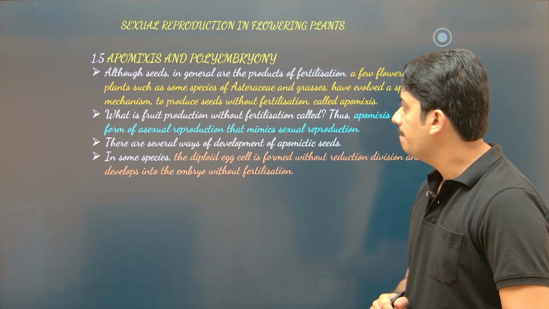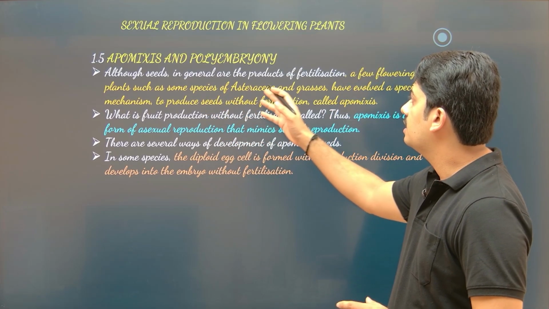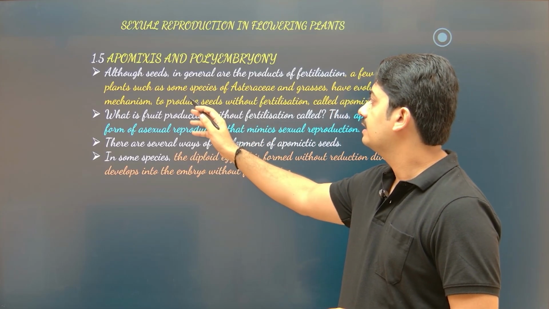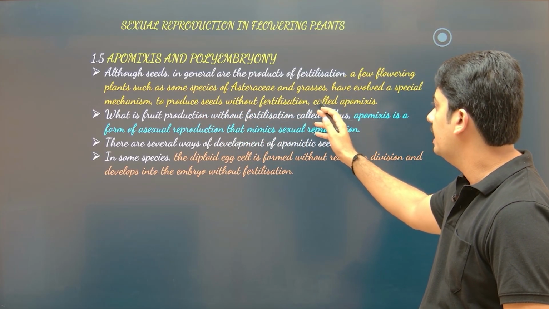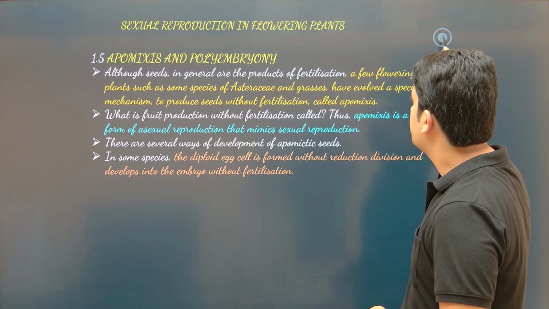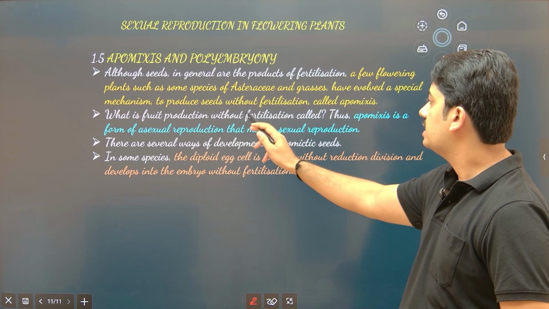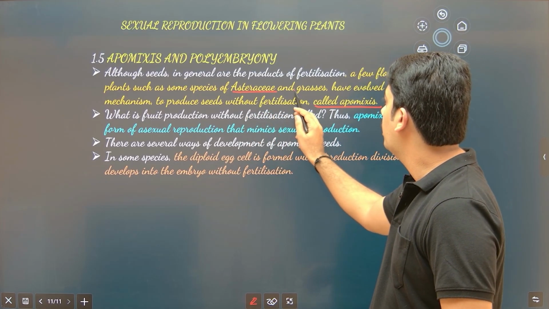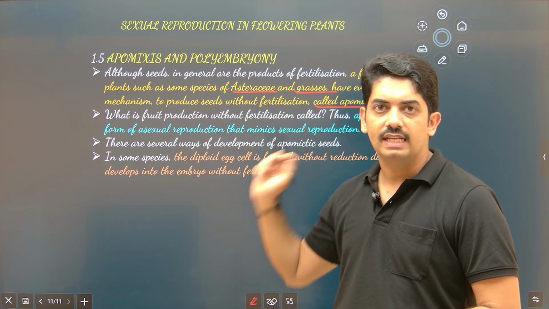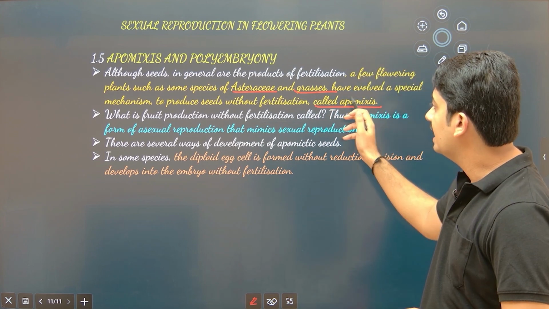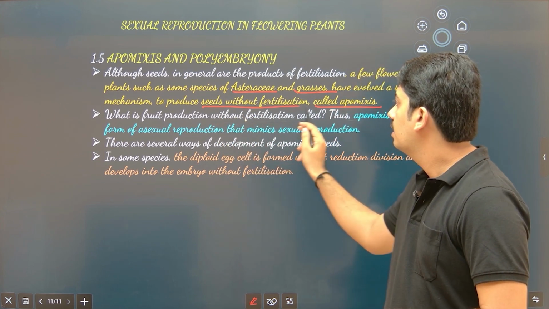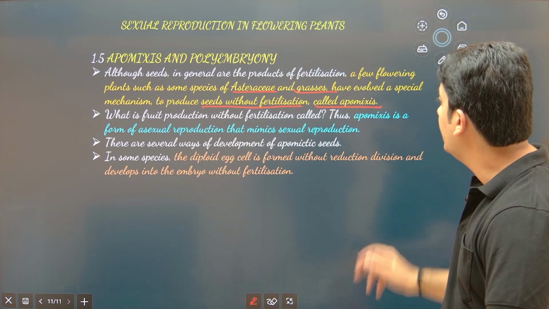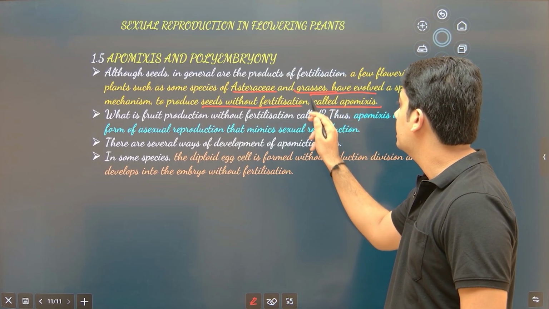Now observe here: although seeds in general are the products of fertilization, a few flowering plants, such as some species of Asteraceae and grasses, have developed a special mechanism to produce seeds without fertilization, called apomixis. This is a very important example. In Asteraceae and grasses, seeds are produced without fertilization.